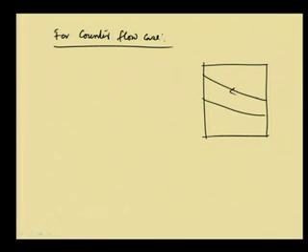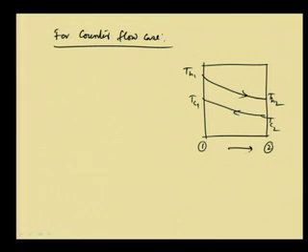So, depending upon the situation, I am sorry. If I say that this is Th1, this is Th2, and this is Tc2, and this is Tc1. Okay, this is station 1, station 2, and here is the area.